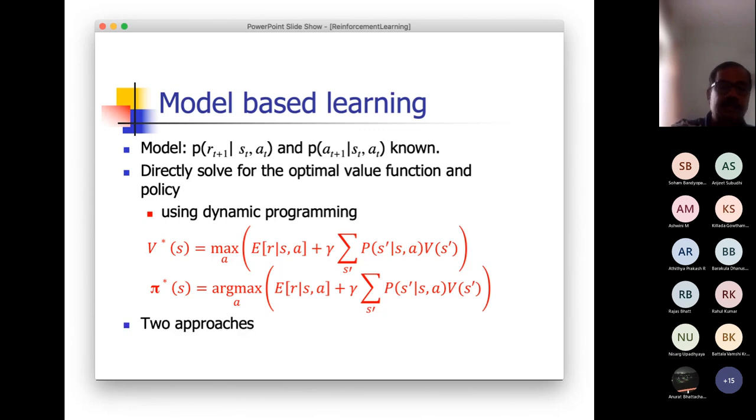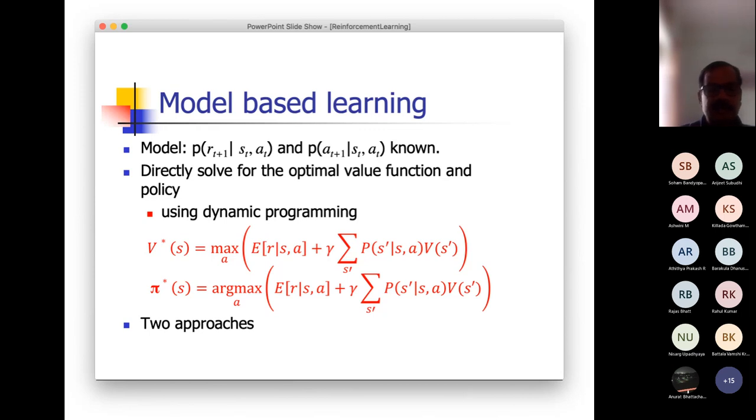This learning is iterative, so you can design an iterative algorithm where you start with certain arbitrary values for each state, and then through iterations you can converge.